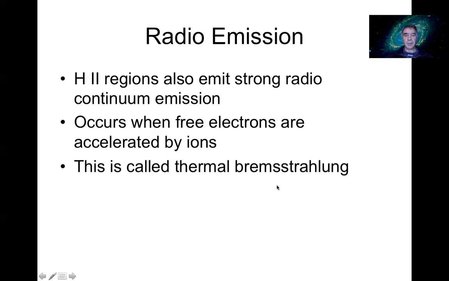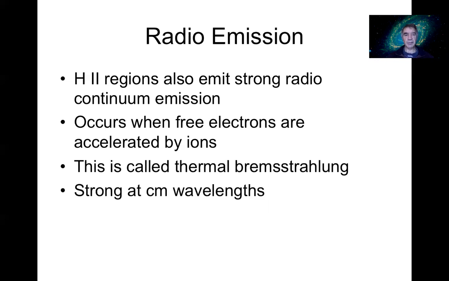That gives rise, in this case, to continuum emission at radio wavelengths, in particular around 1 centimeter, something you can easily visualize, is the kind of wavelength where this process emits very strong radiation.